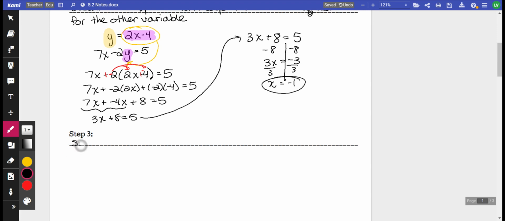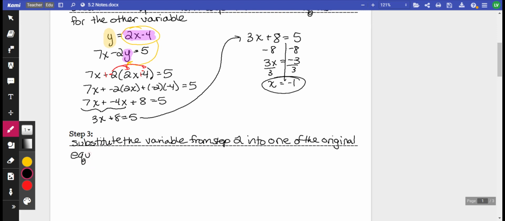That is going to be substitute the variable from step 2 into one of the original equations, and then solve.